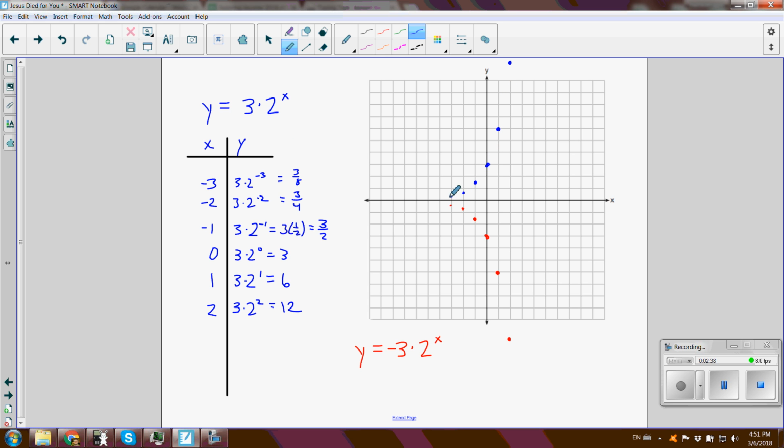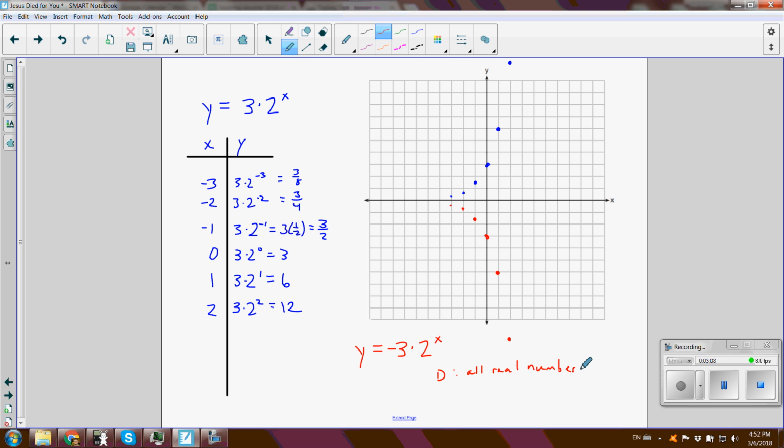The blue function, the domain and range of y equals 3 times 2 to the x are going to be the same as they were for y equals 2 to the x. Multiplying by 3, x can still be any number, and y is still going to be a positive number. But this red function, the domain, the x's, x can still be any number.